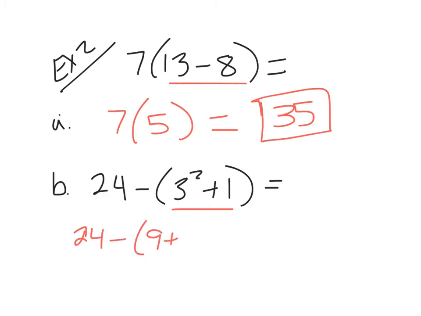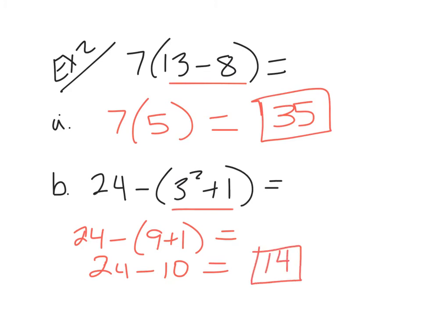So 9 plus 1. What's 9 plus 1? 10. So 24 minus 10. What's 24 minus 10? 14. Very good. So we did the exponent first, but that was because it was in the parenthesis, which we have to solve first.